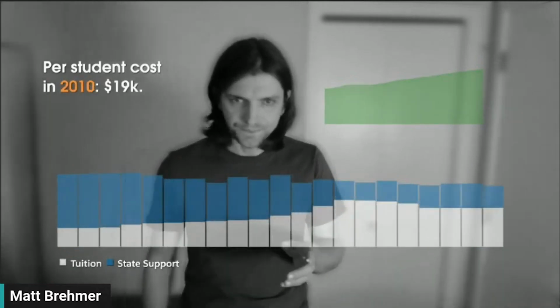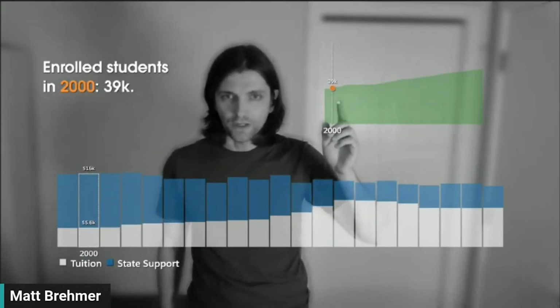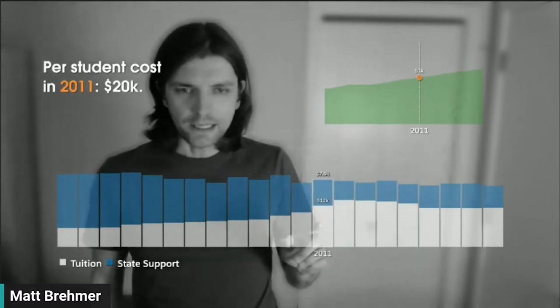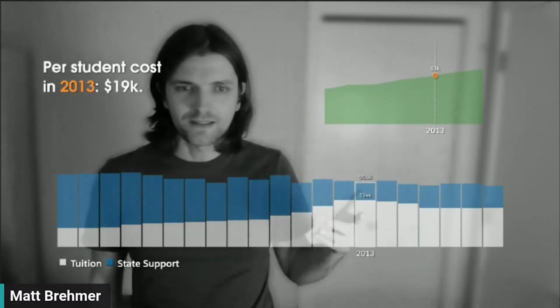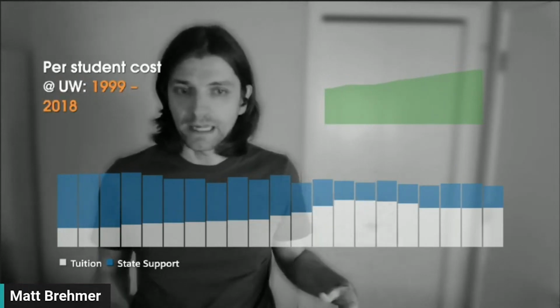Let's break this up into individual years for a second. Just as a reminder, I want to make sure that you remember that the number of students is steadily increasing. There's 40,000 at the beginning, 60,000 towards the end of this period. But again, I want to take a closer look at that seemingly inversion that happened in terms of where the money was coming from over this period.